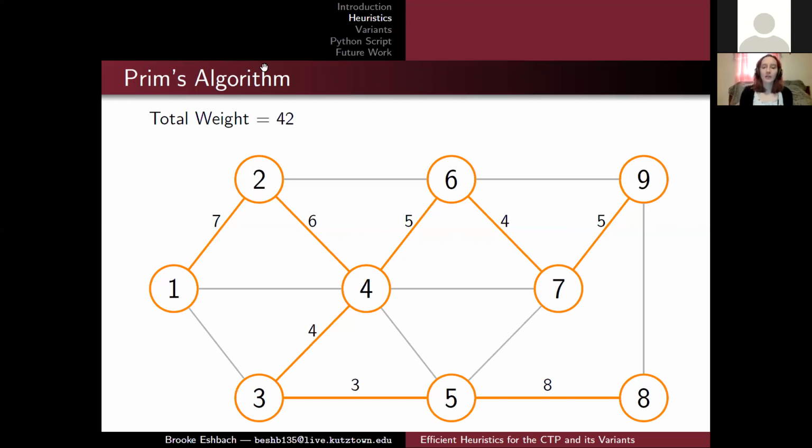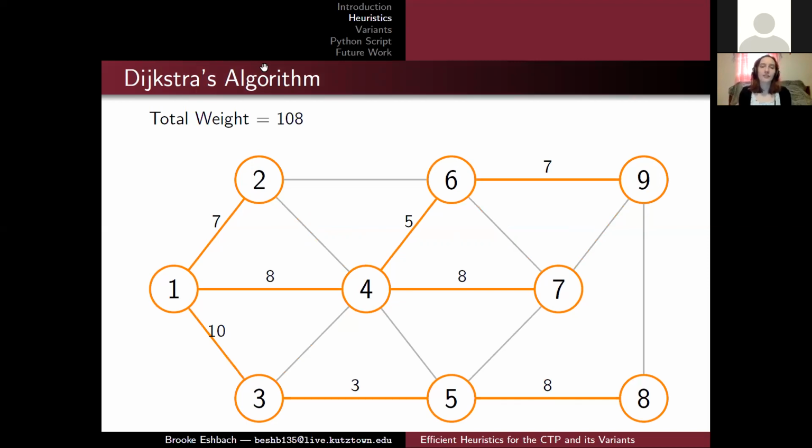And then on the other hand, for Dijkstra's algorithm, our graph would look like this with a total weight of 108, which needs to be multiplied by gamma to get the total cost. And here, rather than minimizing our edges, we minimized our cables. And so you can see that the two graphs look pretty different from one another.